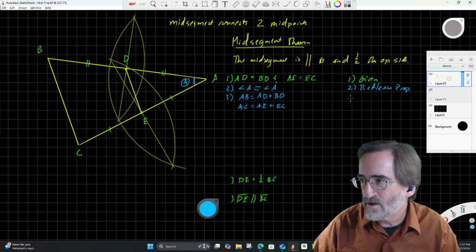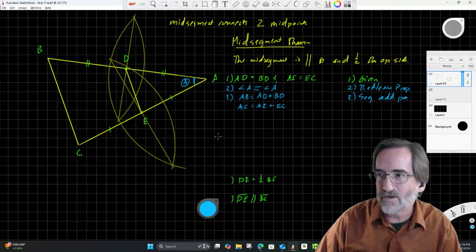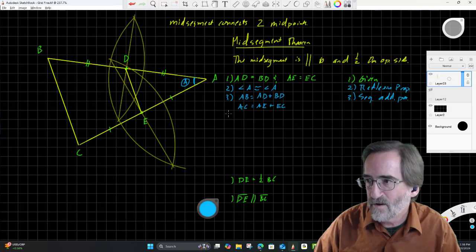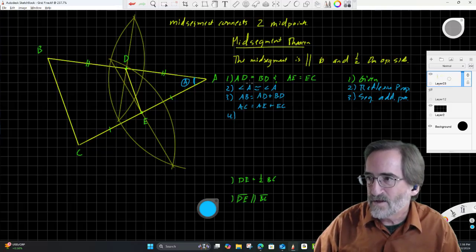And that is using the segment addition postulate, which says we can add two small segments to make a large segment. Okay. All right, so we've got AD equals BD, and we've got AB equals AD plus BD.